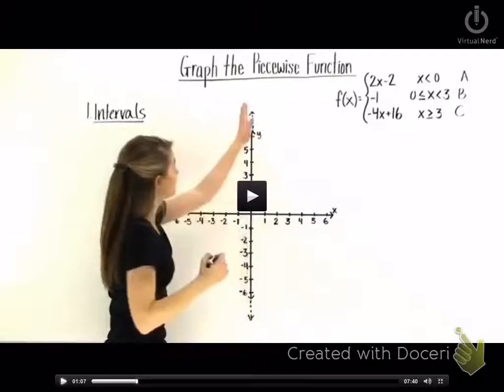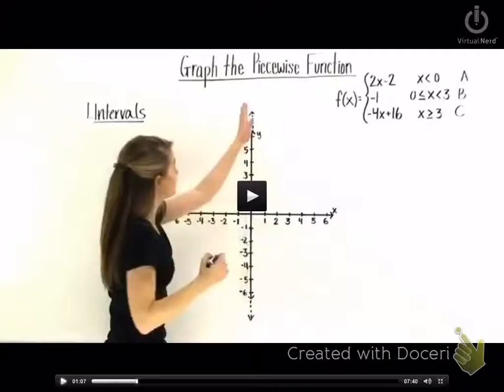Are you with me? So what they're talking about is the domain, all this way. That's interval A. From here over. From the y-axis to the left. Okay, that's interval A. The next one says interval B.